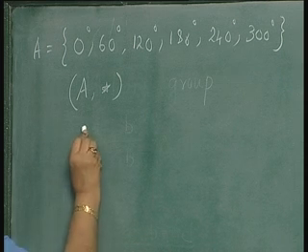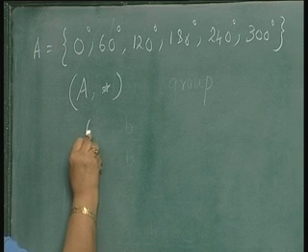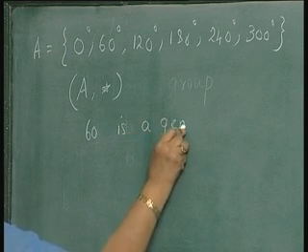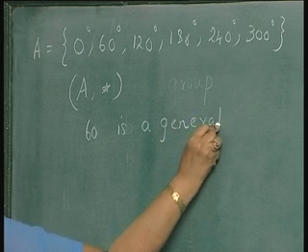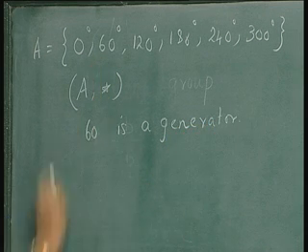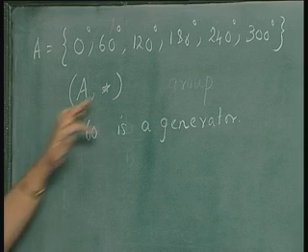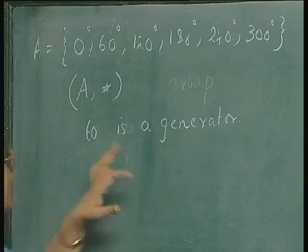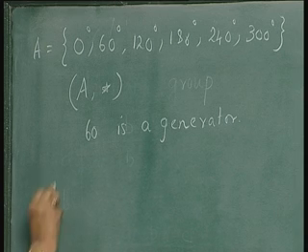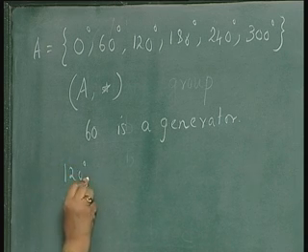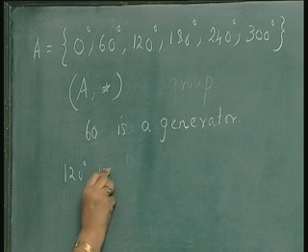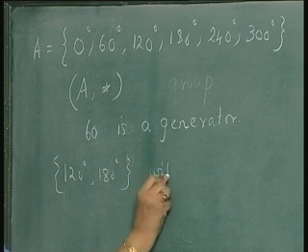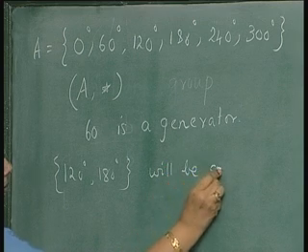And you can see that 60 is a generator for this, because when you combine 60 with 60 you get 120, and when you combine that with 60 you get 180 and so on. So, 60 is a generator for this. Similarly, the set 120 and 180 will be a generating set.